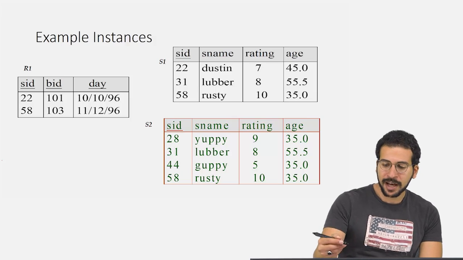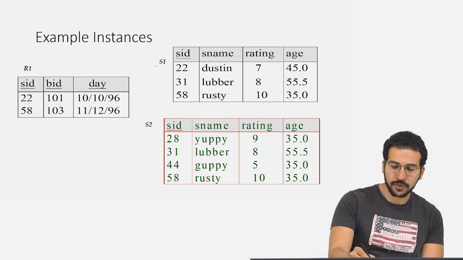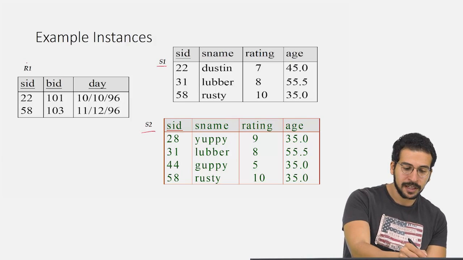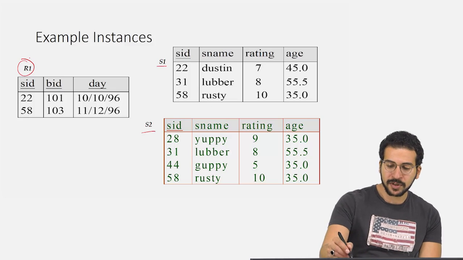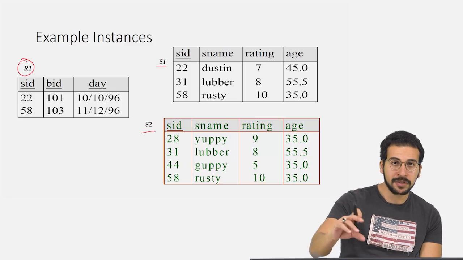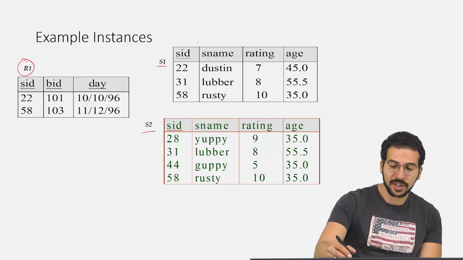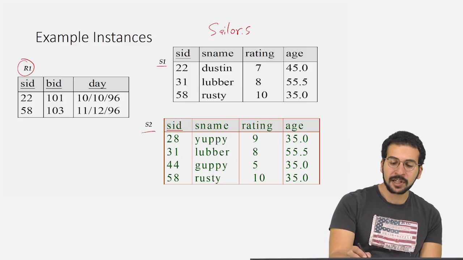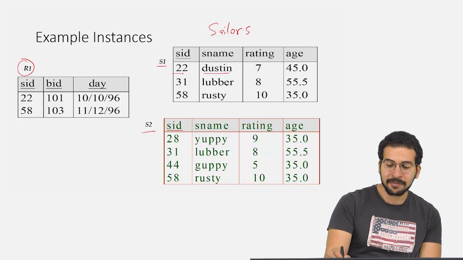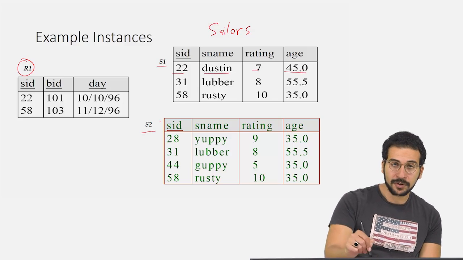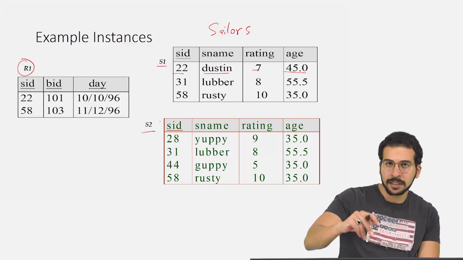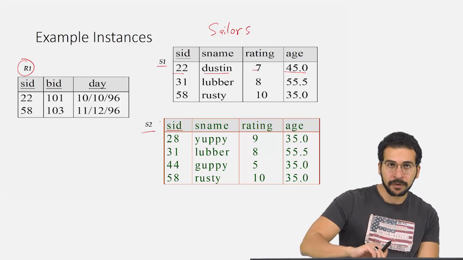So let's assume we have two tables here, S1 and S2, and a third table, R1. S1 and S2 are two tables that represent sailors. The sailor has a sailor ID, name, the rating of the sailor, and the age. S2 also has the same information, but it has a different set of sailors.